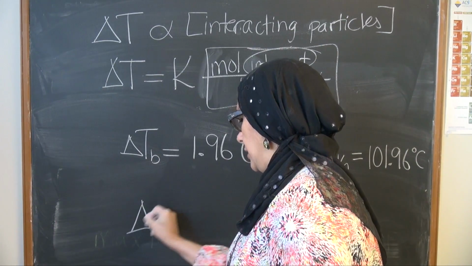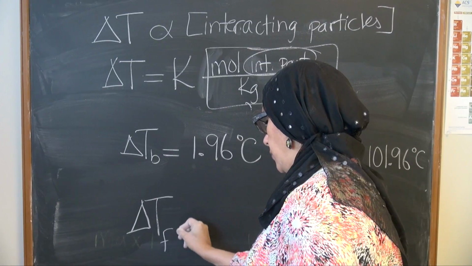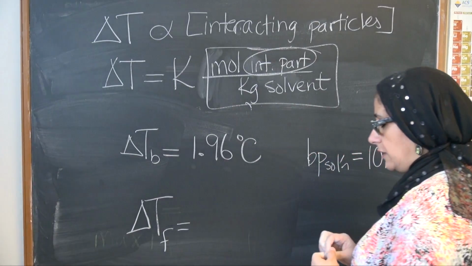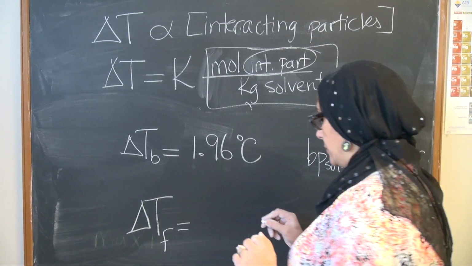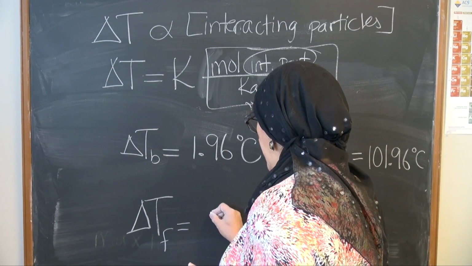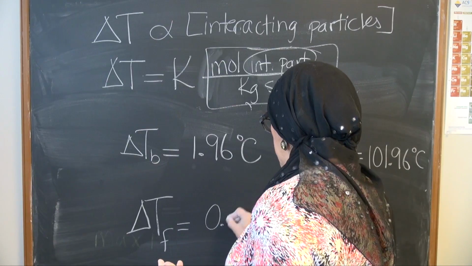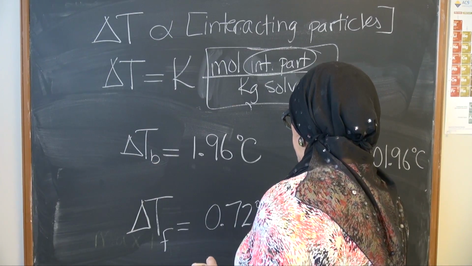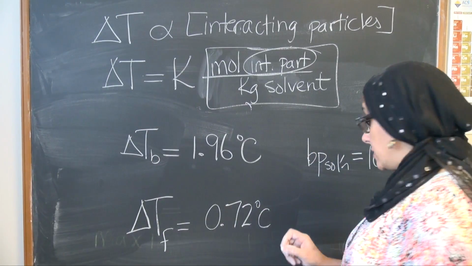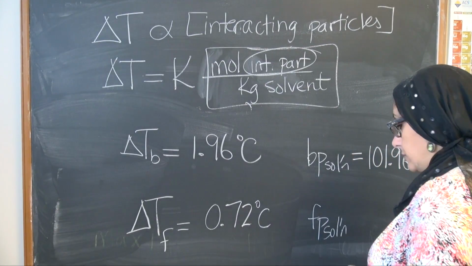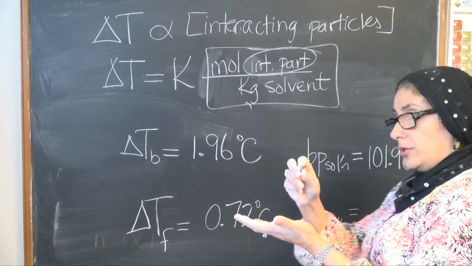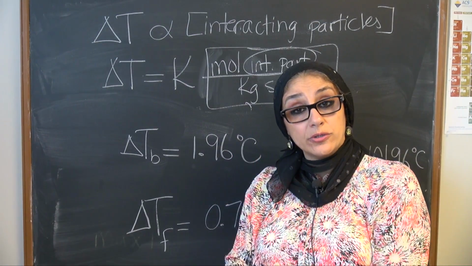For the freezing point, let's say that delta T for freezing of some other aqueous solution is 0.72 degrees. What is the freezing point for our solution then? Remember, the freezing point is lowered.